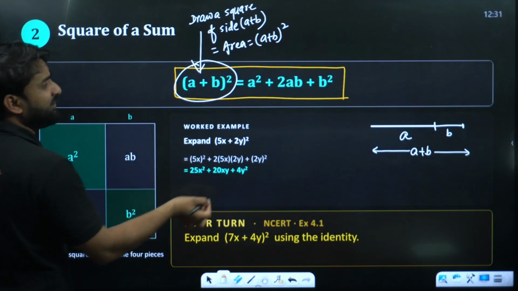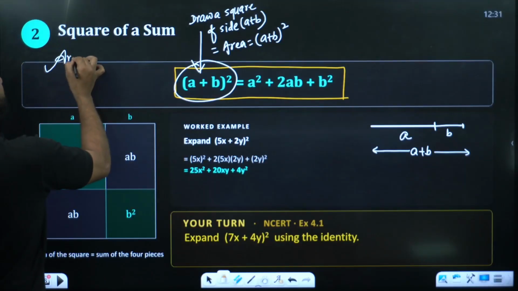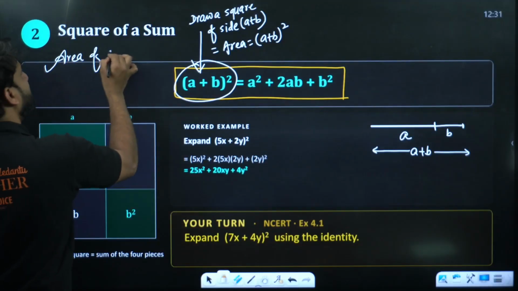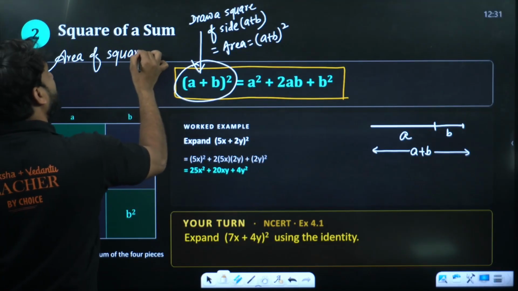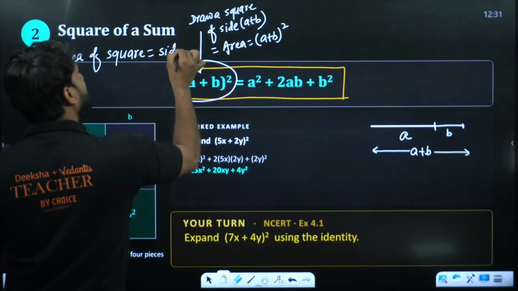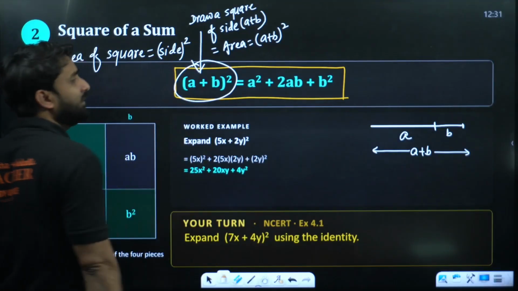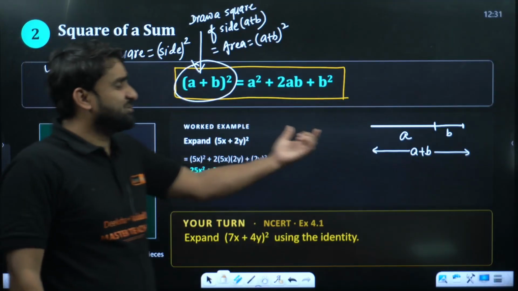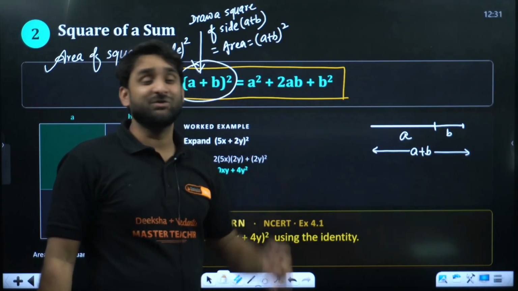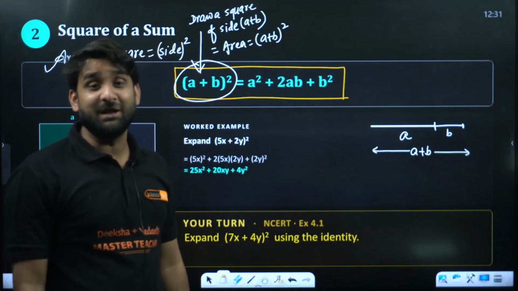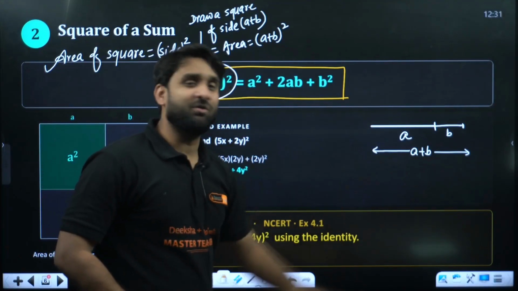We know the area of a square is equal to side squared. So the area of a square of side a + b will automatically become (a + b)². That's why I have drawn a + b.